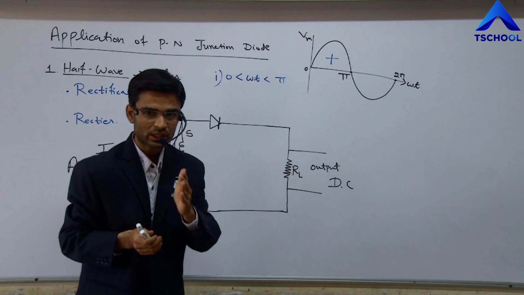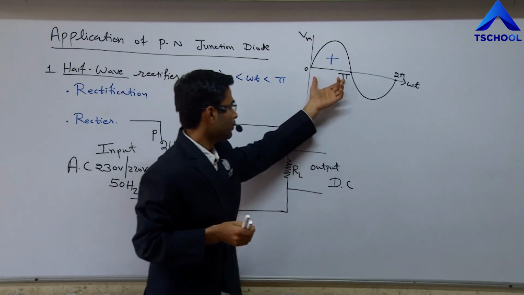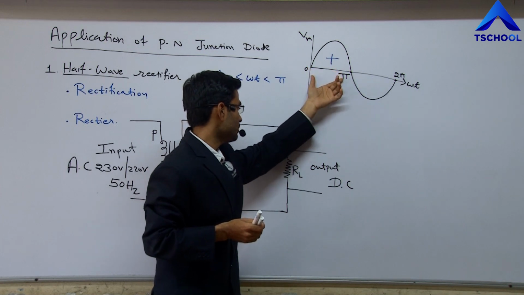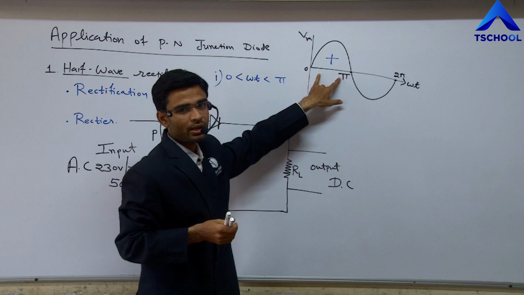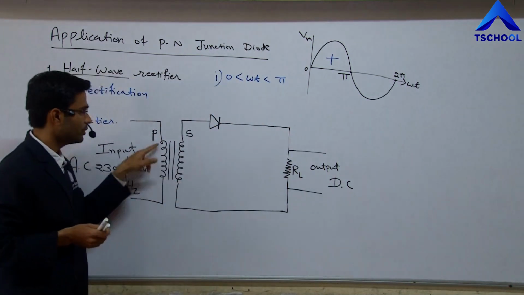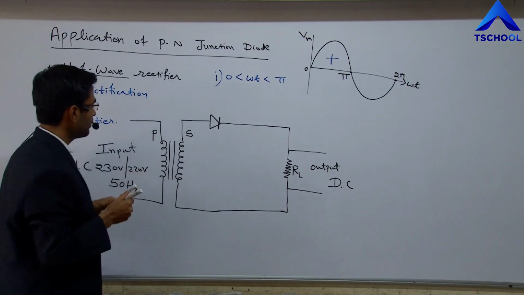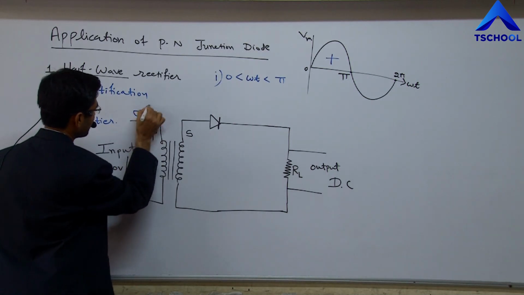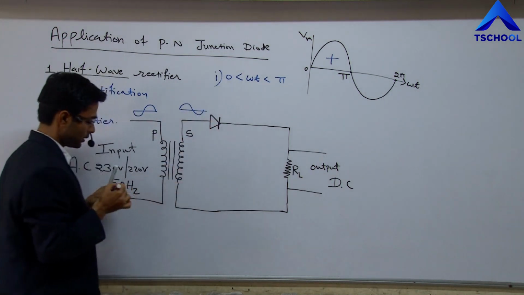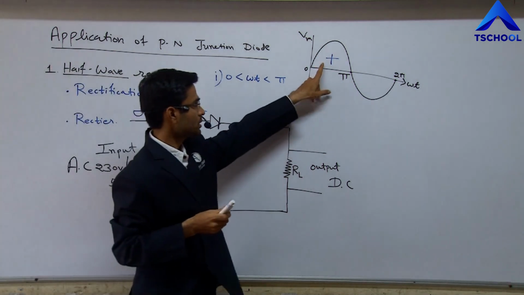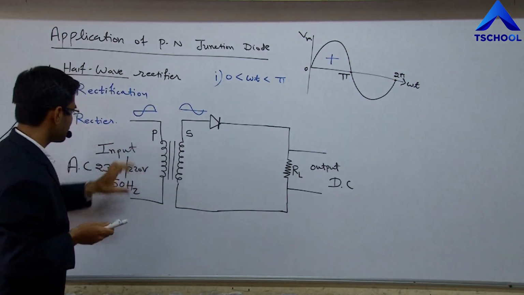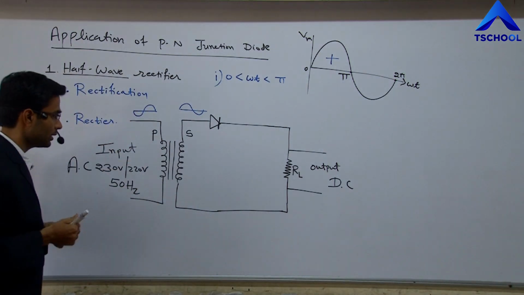During the first positive half cycle, the AC input is given to the primary winding of the transformer.